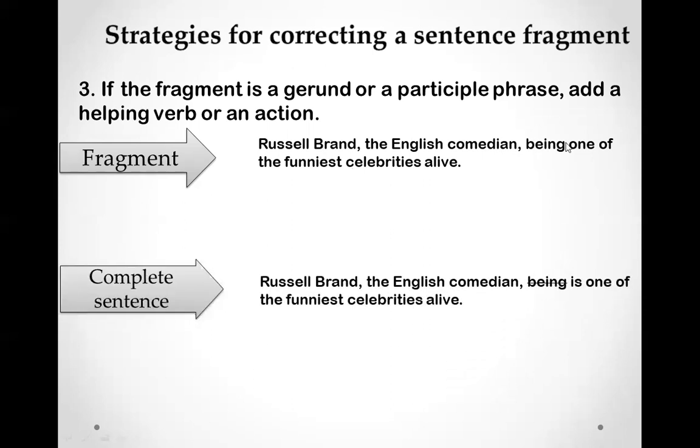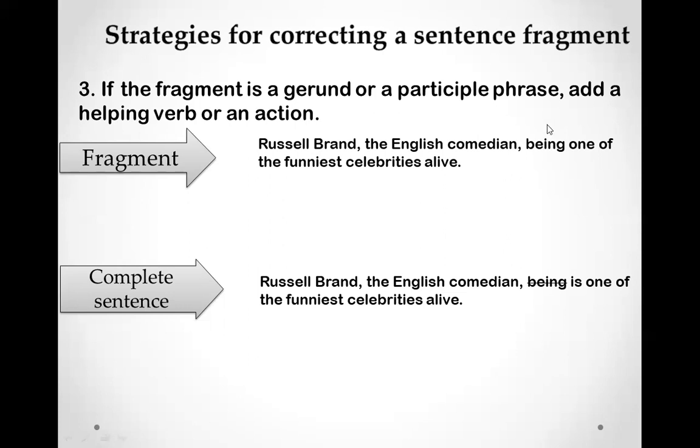If you have verb plus ing, like taking, doing, which is a fragment also, you can add a helping verb to it. So: Russell Brand taking an important role in this movie, period. Taking is an action verb. I simply add a helping verb for it.